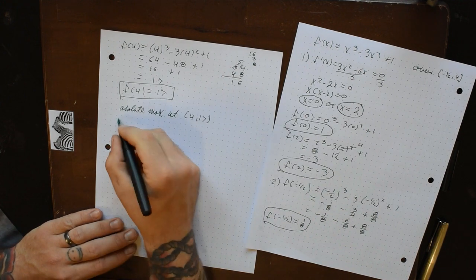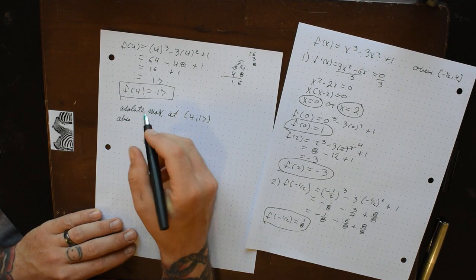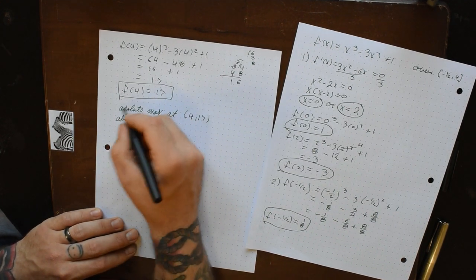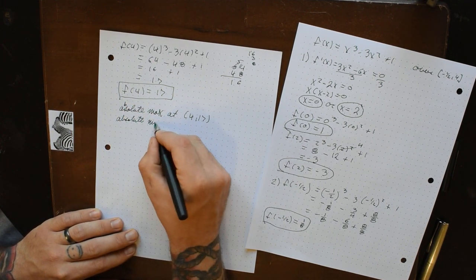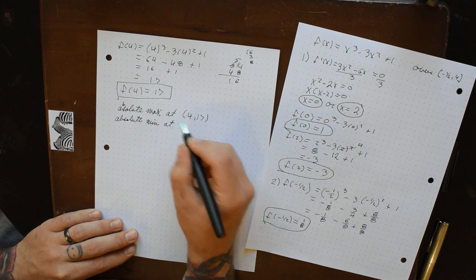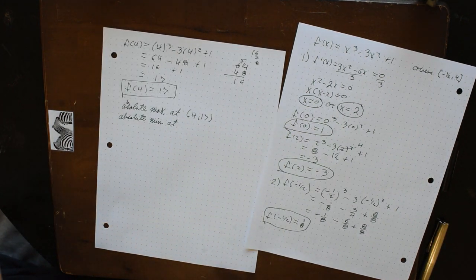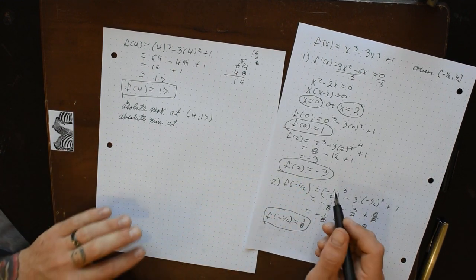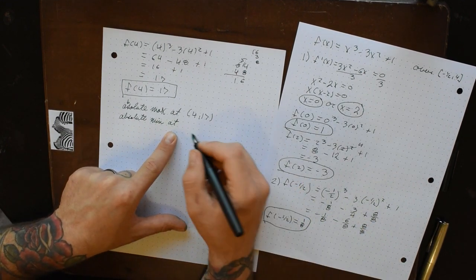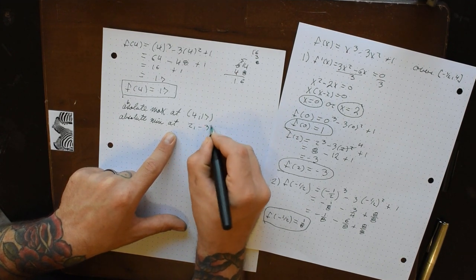Our absolute minimum, we want the smallest, or the biggest in the negative direction value. So that's going to be negative 3. So our absolute minimum occurs at the point 2, negative 3.